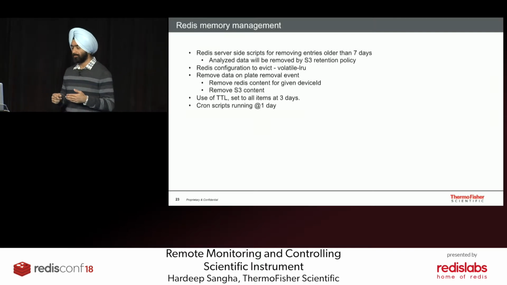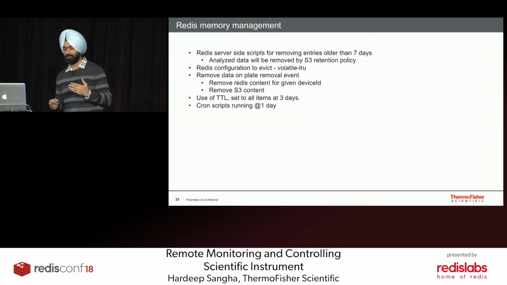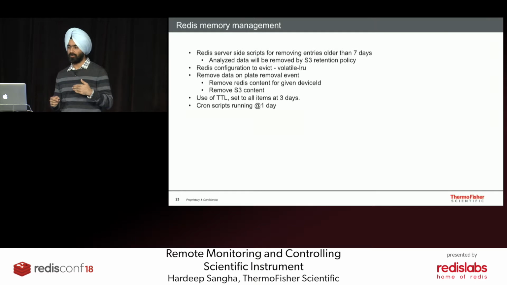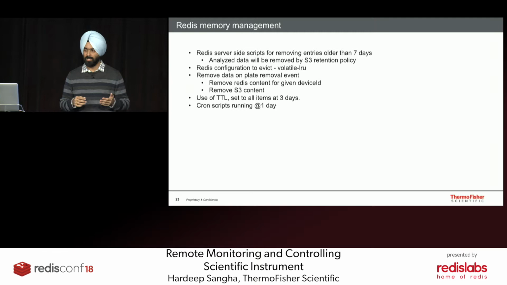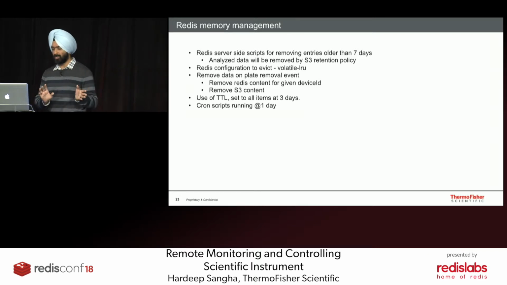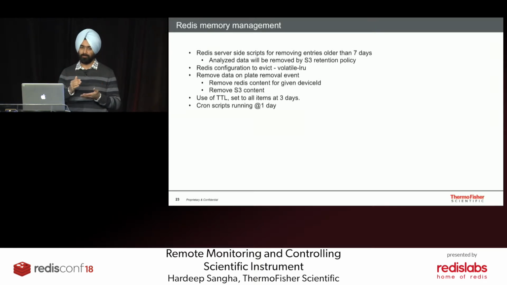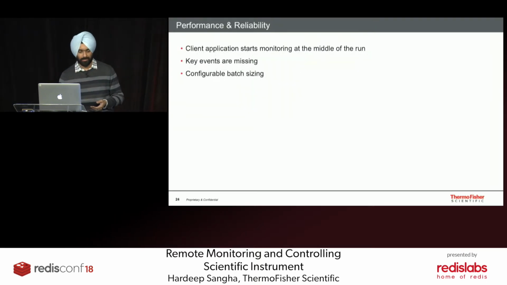Every time a run happens, we store some metadata around that run. So every night our cron will pick up and say, okay, these are older than 1 day, I'm going to evict them. So we delete all of those things. And ultimately, we put a TTL of 3 days on everything because we don't want our memory to build up. So any key that goes into our system has a TTL. That's how we manage our memory, right? We've tested it, there's no buildup, and we've tested for certain concurrency. Beyond that, we'll have to scale and things like that.